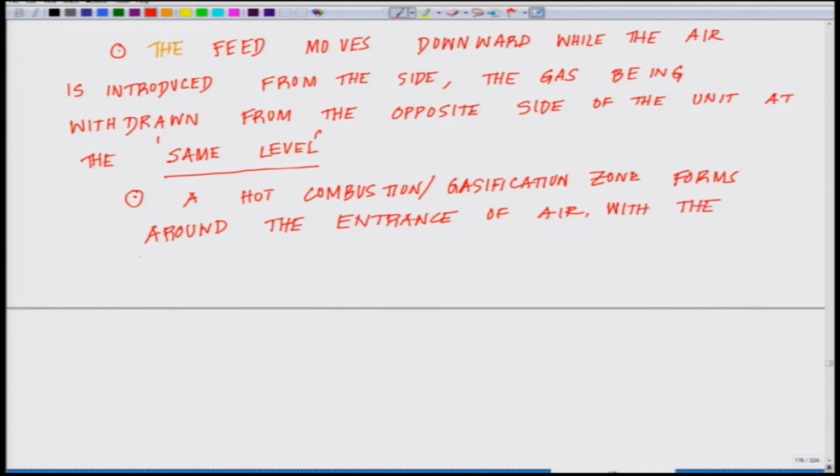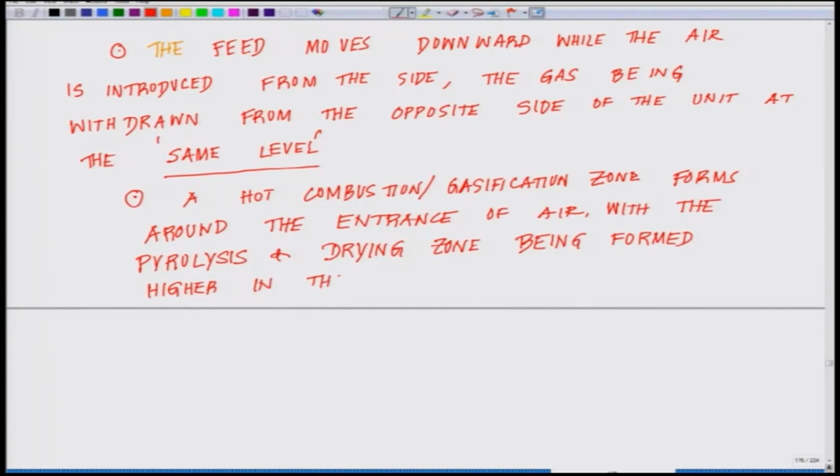higher in the vessel. That also you can verify by looking at the picture.